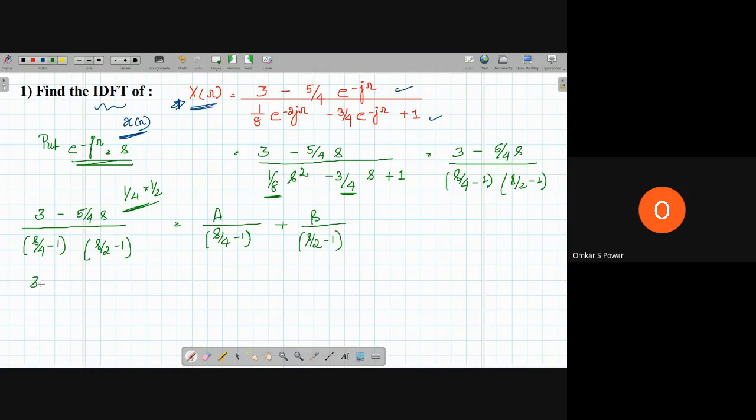So 3 minus 5 by 4 into s is equal to A into (s by 2 minus 1) plus B into (s by 4 minus 1).